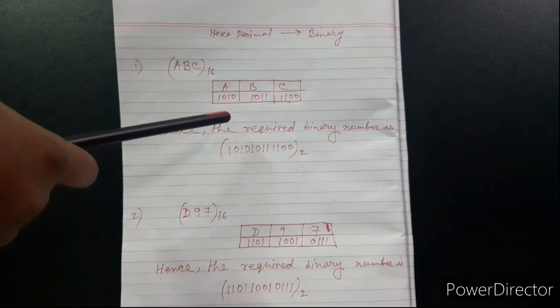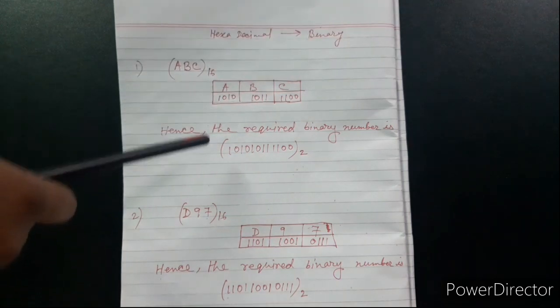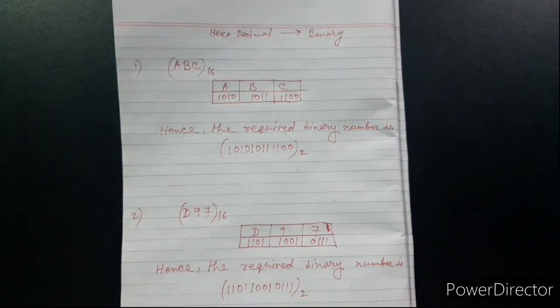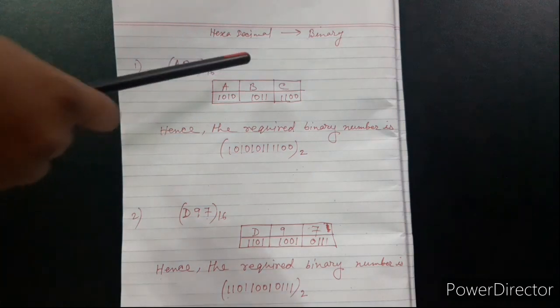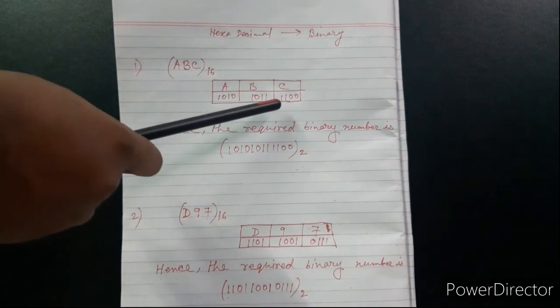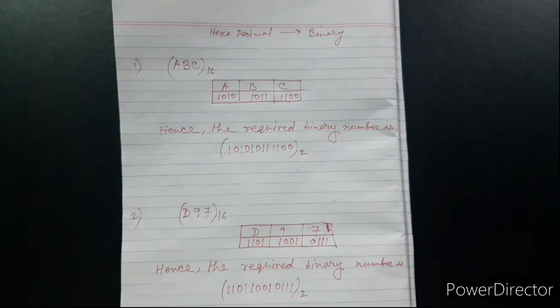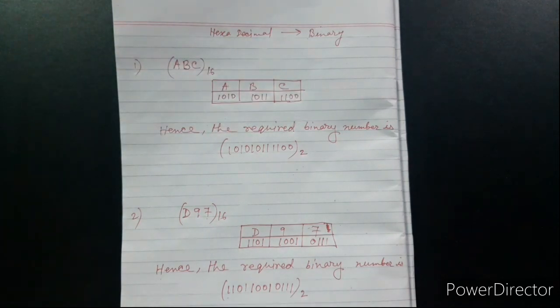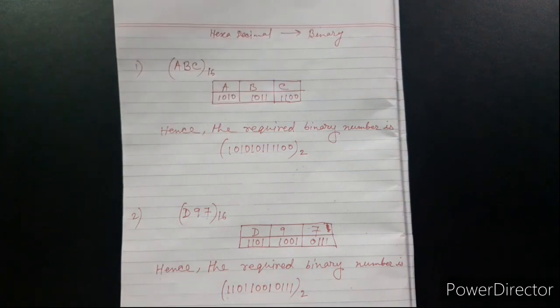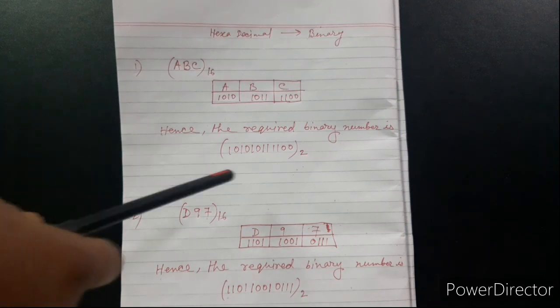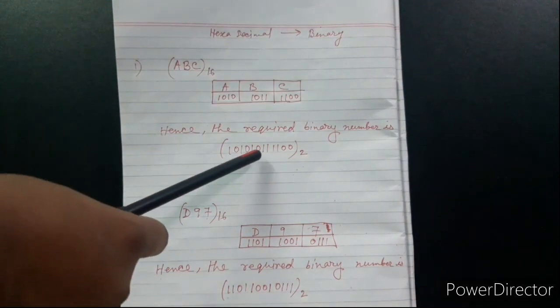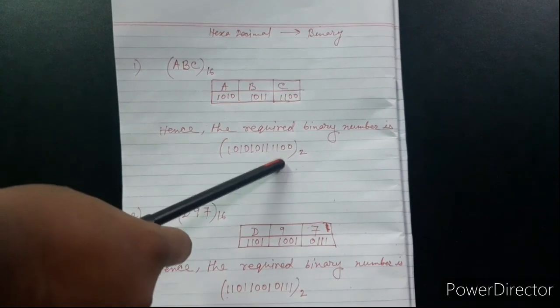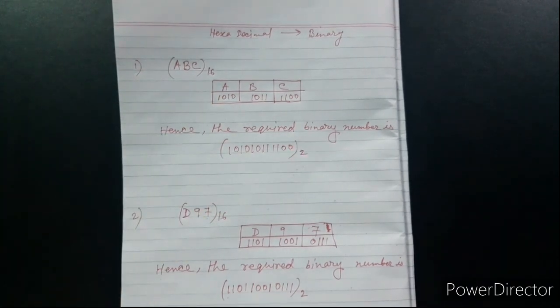So the binary equivalent of A is 1010 and the binary equivalent of B is 1011 and the binary equivalent of C is 1100. So the final binary equivalent of this hexadecimal number is 101010111100.